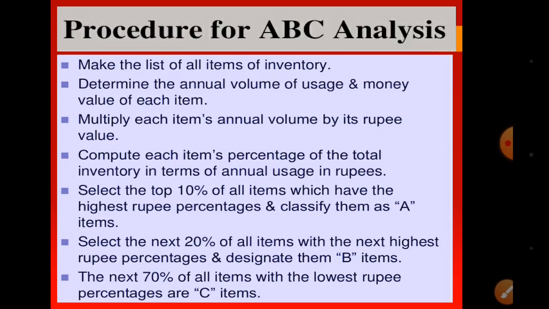Next, select the top 10% of all items which have the highest rupee percentage and classify them as A items. Next, select the next 20% of all items with the next highest rupee percentage and designate them B items. And the next 70% of all items with the lowest rupee percentage are C items.